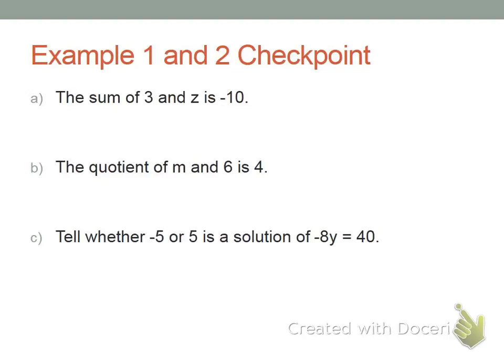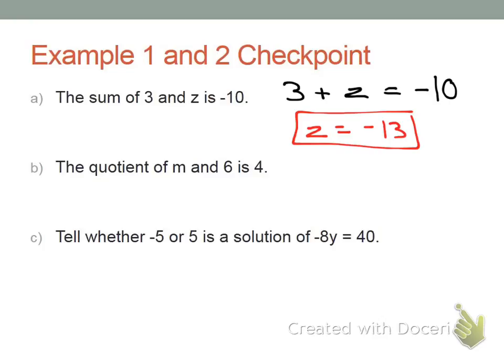All right, on A, what is my equation? Someone raise your hand. What is it? Eric. 3 plus Z equals -10. Very good. 3 plus Z equals -10. And Z equals what, class? -13. It's got to be -13 to get me down to -10. On B, it should be M divided by 6 equals 4.